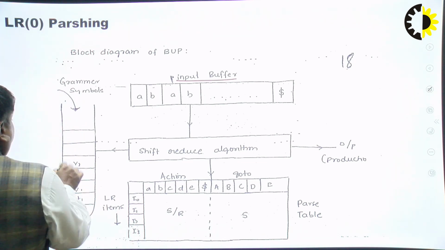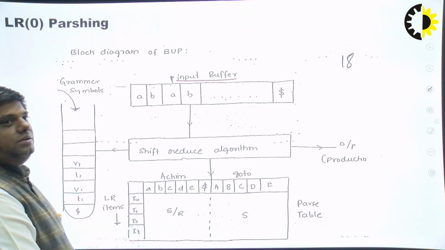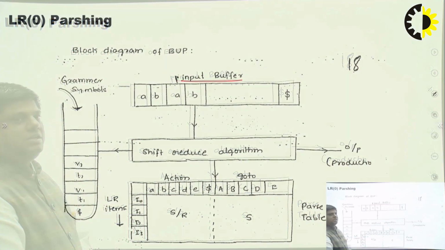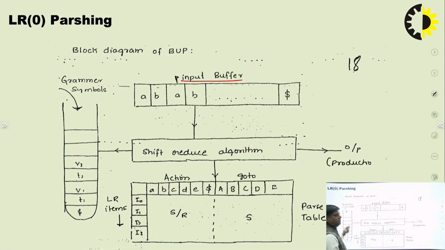Now, the second important part of the basic architecture of LR0 parsing is the stack. With the help of the stack, the shift reduce algorithm is also involved to find the canonical items of the context-free grammar, and we draw the action and goto table of any given context-free grammar.